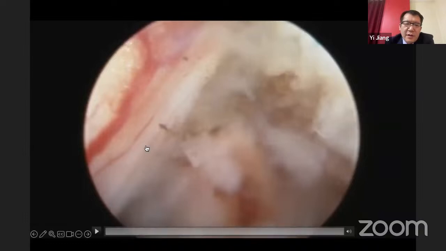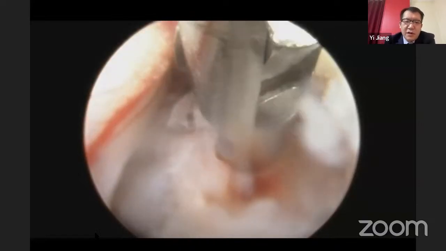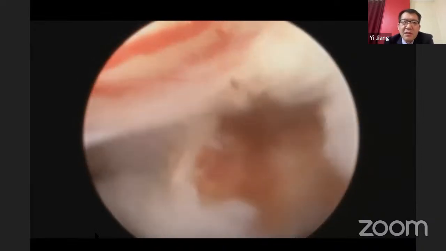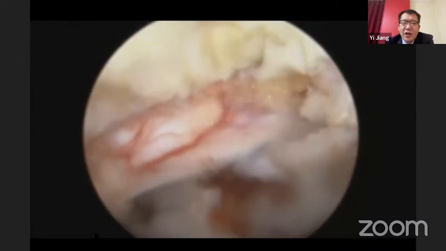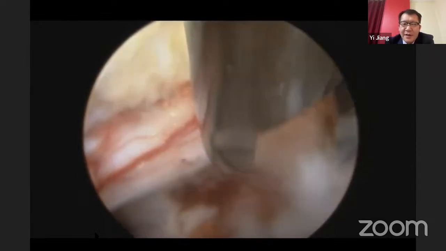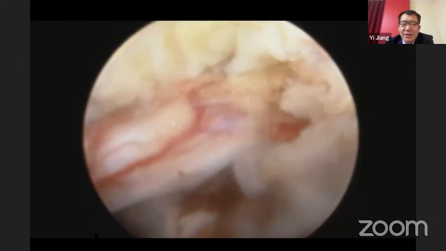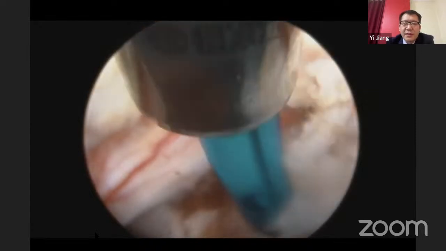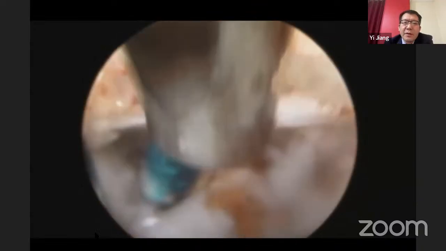Yeah, 2 segments. Thoracic decompression is not like lumbar transforaminal decompression. It's not a big area for us doing the foraminoplasty, and the thoracic spine has a narrow disc space, so we can't put the cannula into the spinal canal too much.